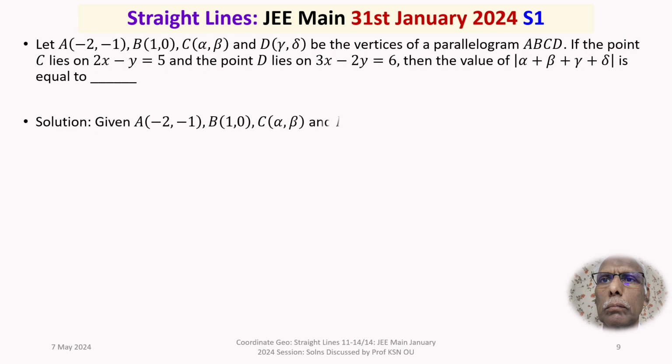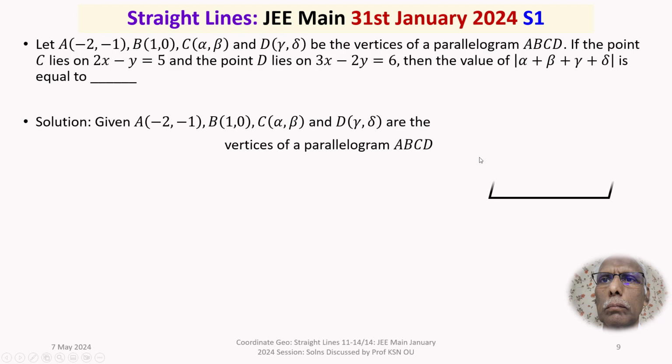Given A, B, C, D are the vertices of a parallelogram ABCD and the coordinates are shown here. So, this is the parallelogram ABCD. So, you have to find alpha, beta, gamma, delta.